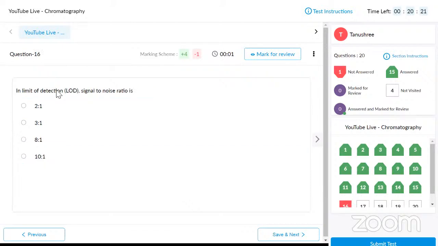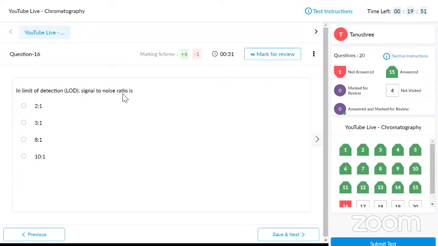Moving on to the next, the limit of detection, that is LOD, signal to noise ratio, is which of the following? Is it 2:1, 3:1, 8:1, or 10:1? Now, LOD means the lower limit of detection. For the lower limit of detection, there is a hypothesis that has been made by various chromatographers and analysts who have carried out the analysis.